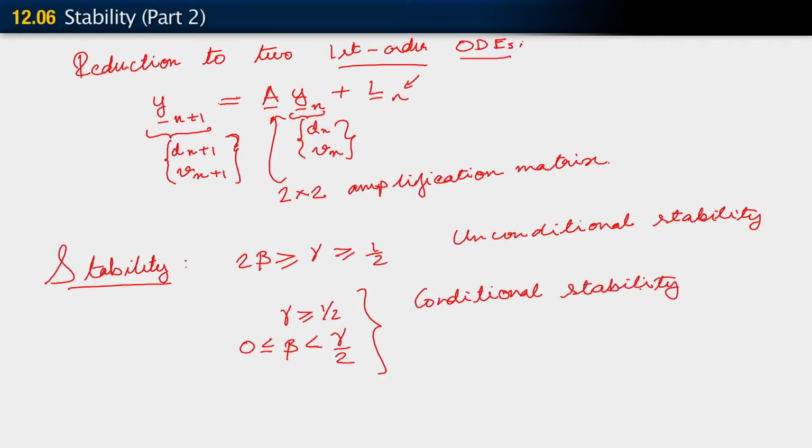Now remember, we are talking about a single degree of freedom modal equation, where, because we have a second order ODE, what we are solving for are dn plus 1 and vn plus 1, both of those modal coefficients. The conditional stability holds when omega h, which is the frequency corresponding to that particular mode, is suitably bounded.